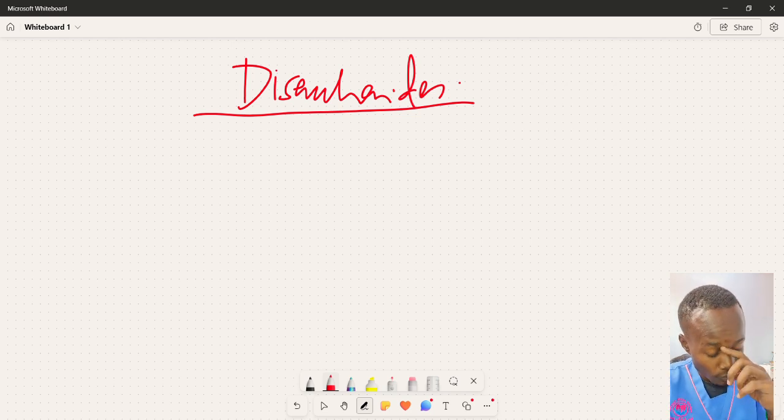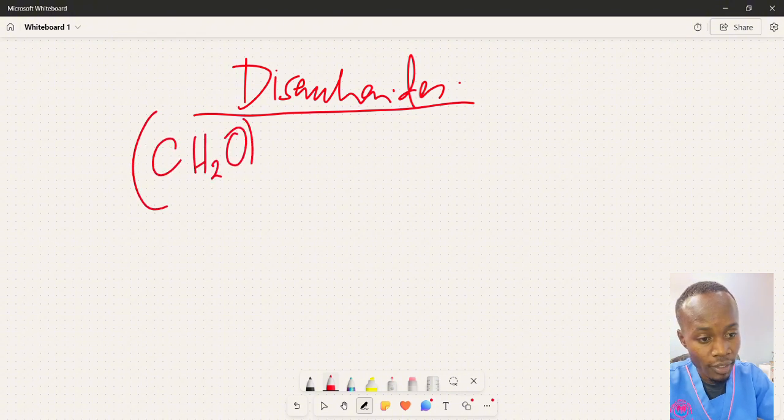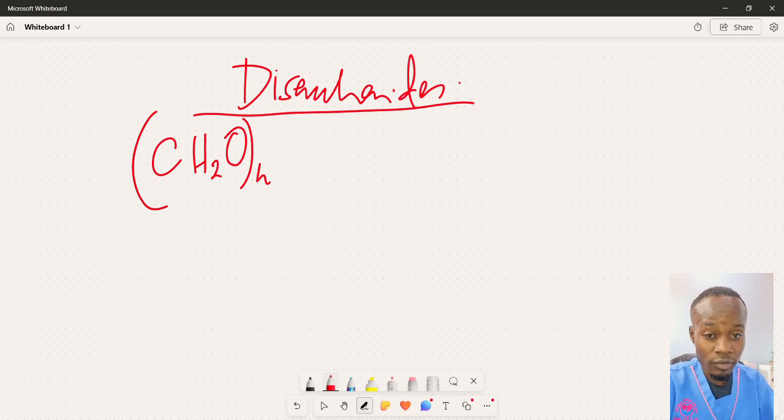So just to start on, we all know the formula for carbohydrates, which we said is (CH2O)n, whereby n represents the number of carbon atoms. And because glucose is a hexose, it has 6 carbon atoms.